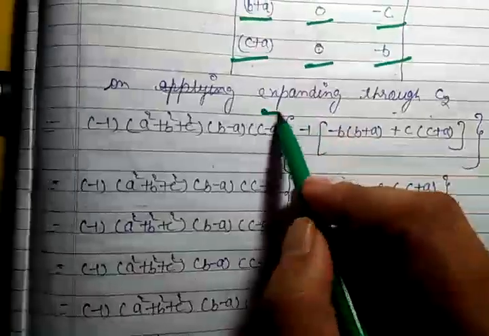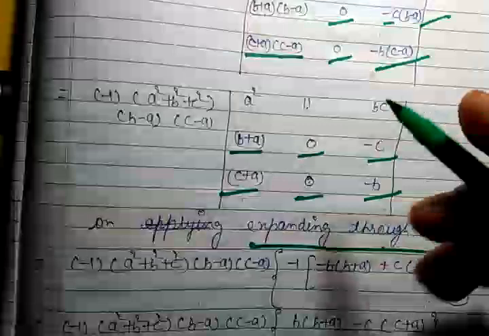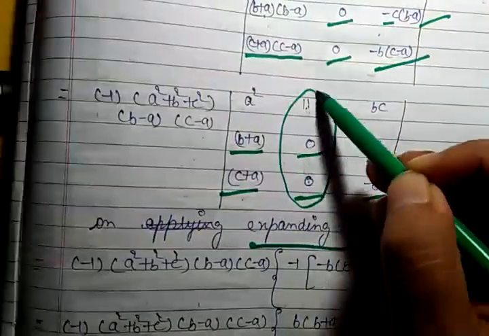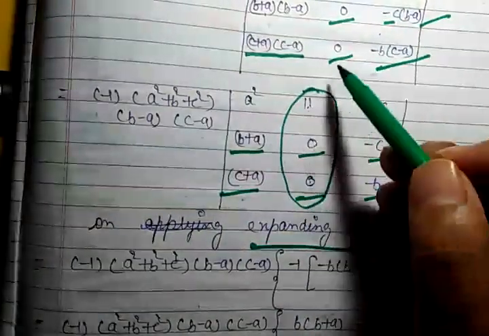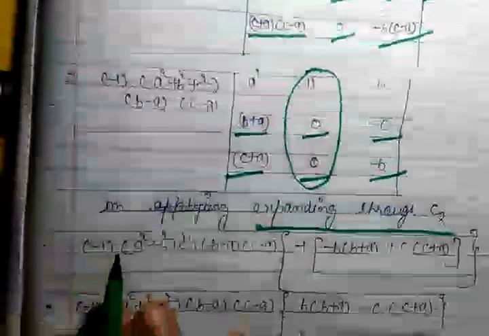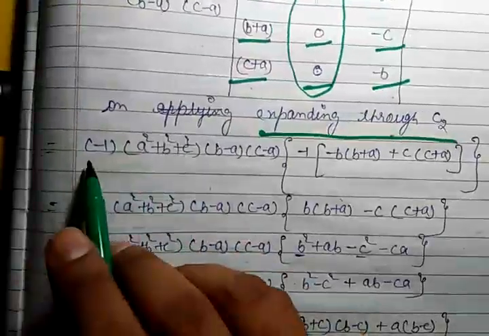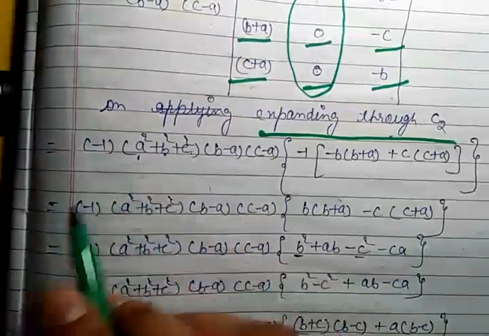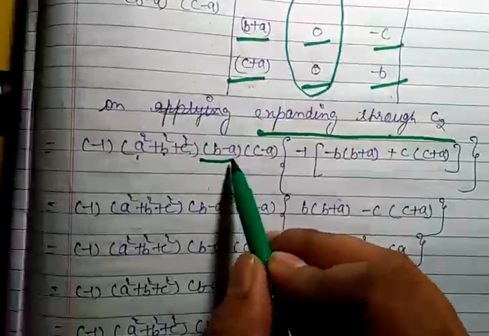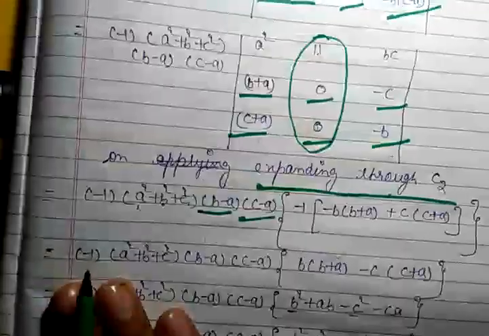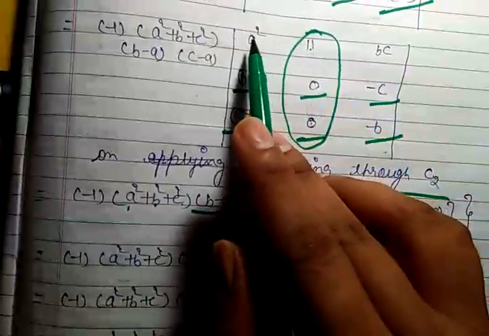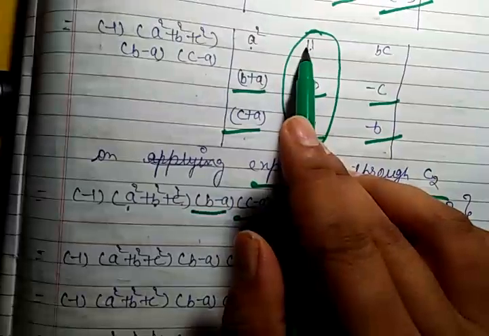On expanding through C2. Why are we going to expand through C2? Because in C2 there are maximum 0s, so we are going to expand this through C2. Now −1, a² + b² + c² will be as it is, and b − a and c − a will be as it is, and you can see that the sign is plus-minus, so we will take this with a minus sign.